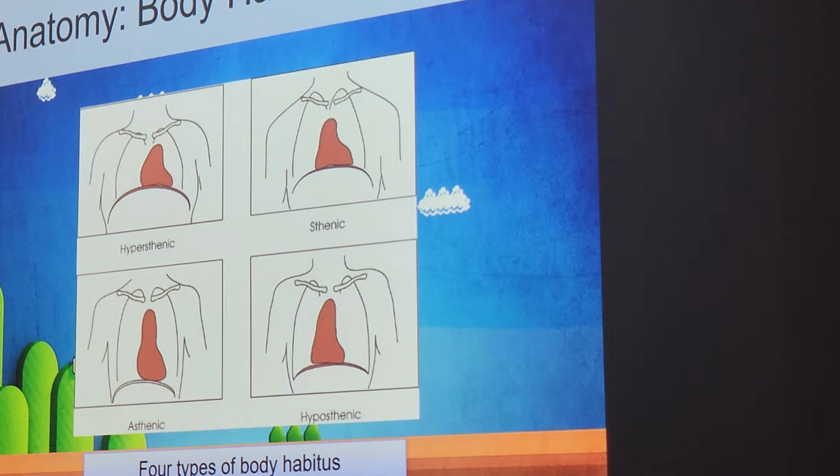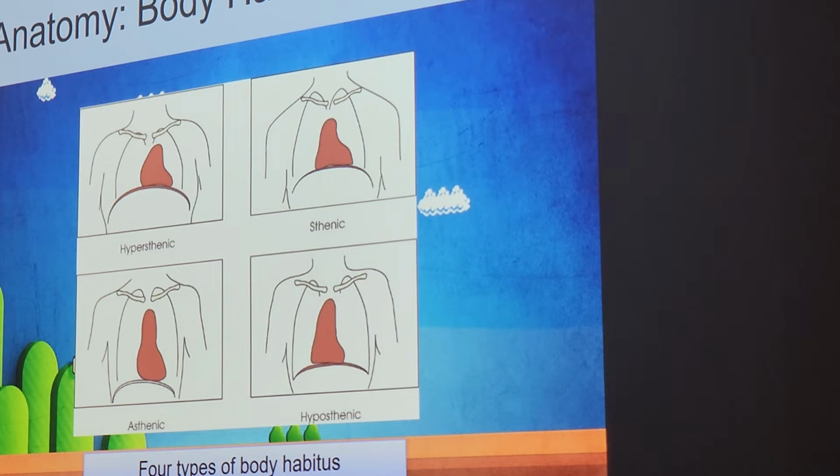They're very elongated. Therefore, what would you do for both males and females of that body habitus on your cassette? Lengthwise, right? And a lot of times you're going to do two X-rays because they're so long, you have to do an upper and a lower. And then your hyposthenic is going to be very close to your average size. Same rule, males crosswise, females lengthwise in general for that hyposthenic.